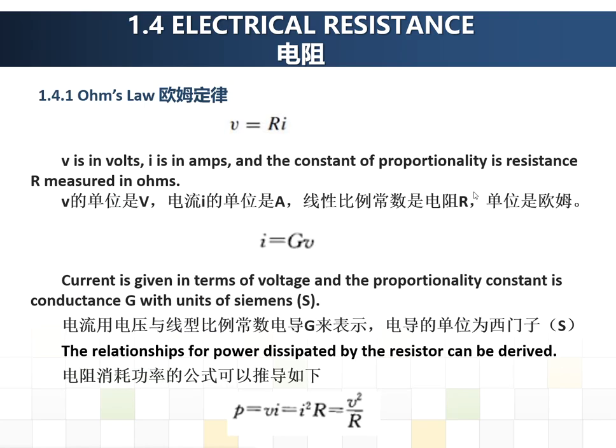Section 1.4.1, Ohm's law. Ohm's law says voltage is equal to resistance multiplied by current. V is in volts, I is in amps, and the constant of proportionality is the resistance R. The unit of R is ohms.